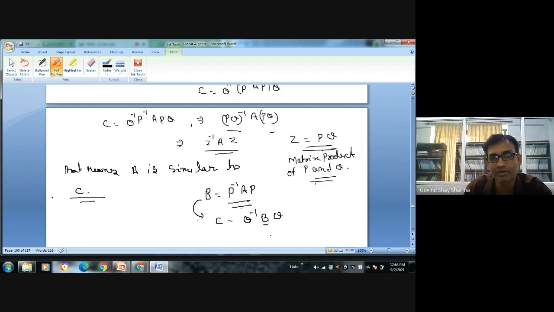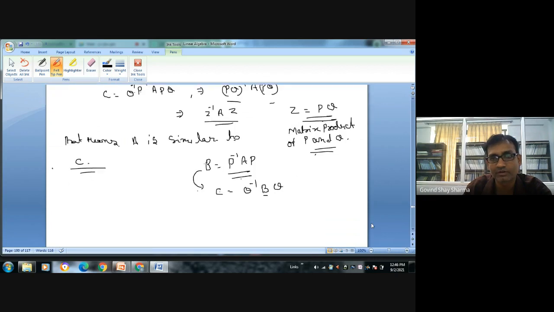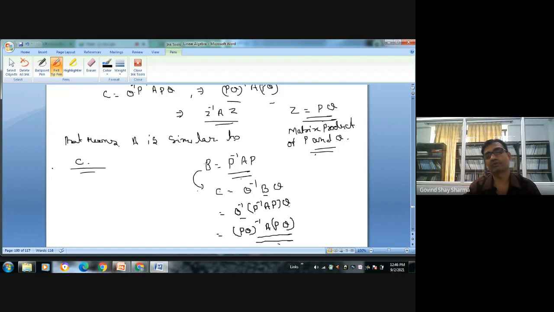Here we put the value of B. So P inverse AP is Q. So this becomes, we can write PQ inverse. So we can say that A is similar to C. Okay.